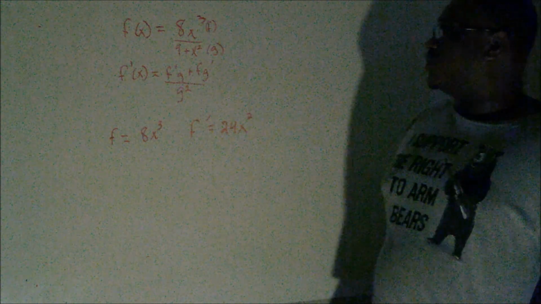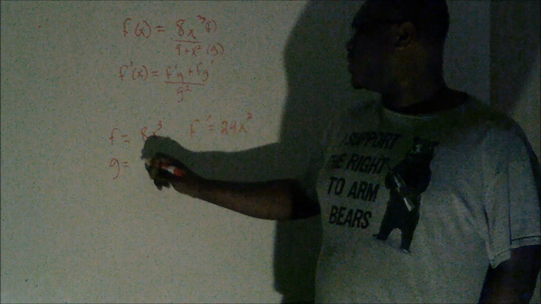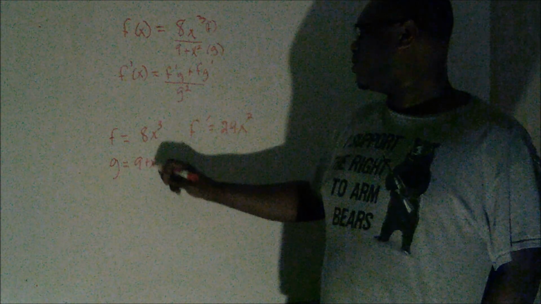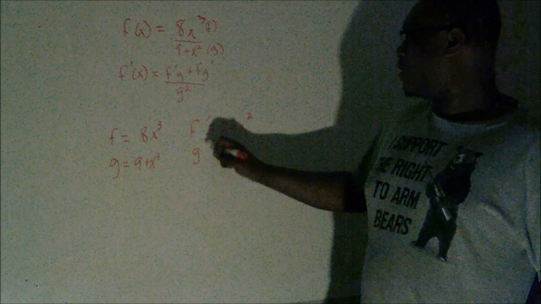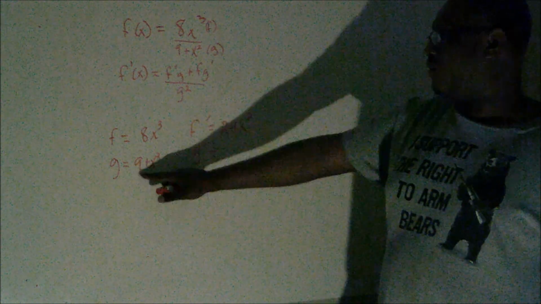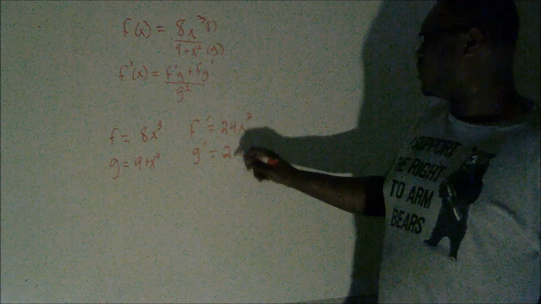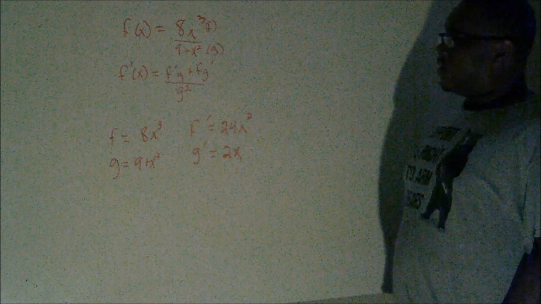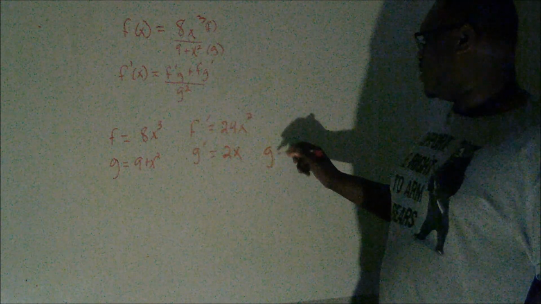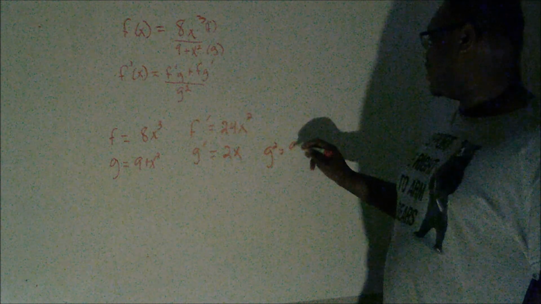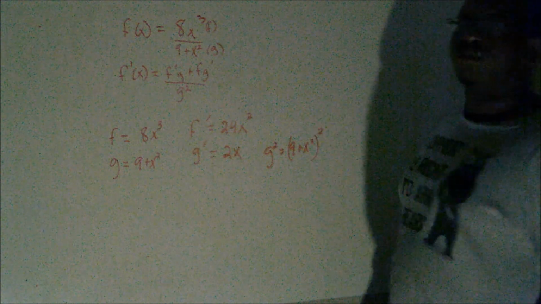We have g, which we said was 9 plus x squared, and g prime, which again, just derivative of constant 0, derivative of x squared 2x, so we know g prime is going to be 2x. Now g squared is simply going to be just that. G squared equals 9 plus x squared squared.